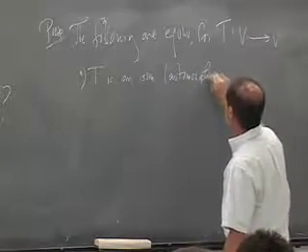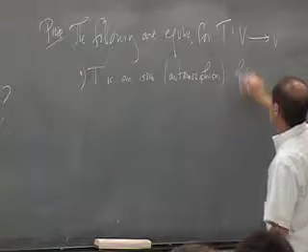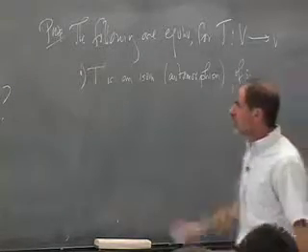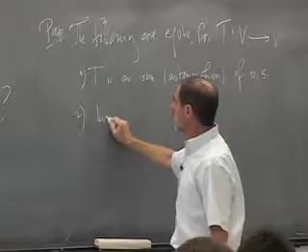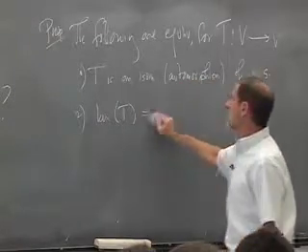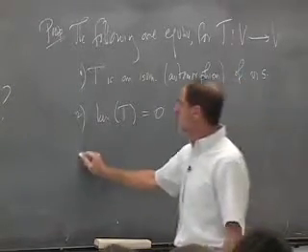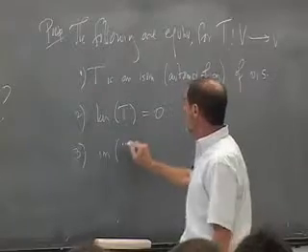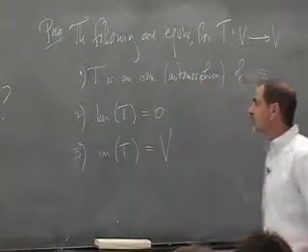That means an isomorphism from V to itself of vector spaces. 2, the kernel of T is 0. 3, the image of T is all of V.